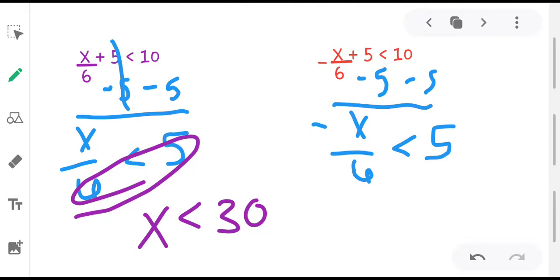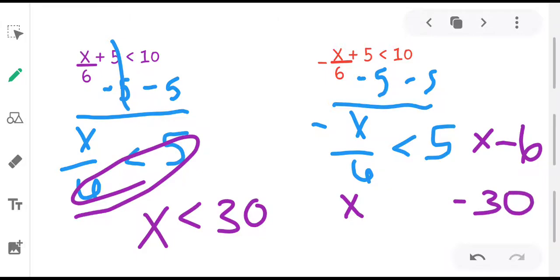So technically we are doing times negative 6. Same thing, I'm just writing it like that so we can see it. And we have x, we get negative 30. But we know that because of this negative sign, we have to flip the inequality. So instead of being less than, it's going to be greater than.